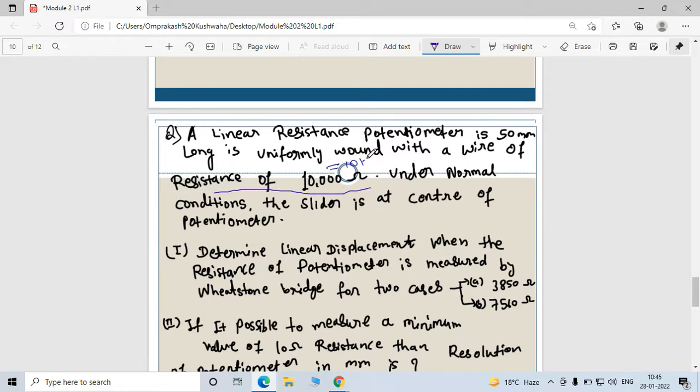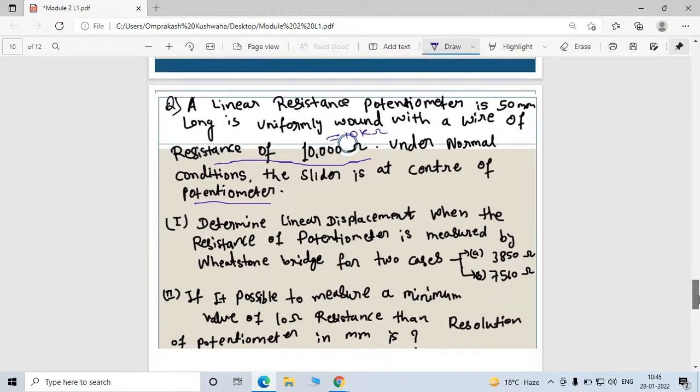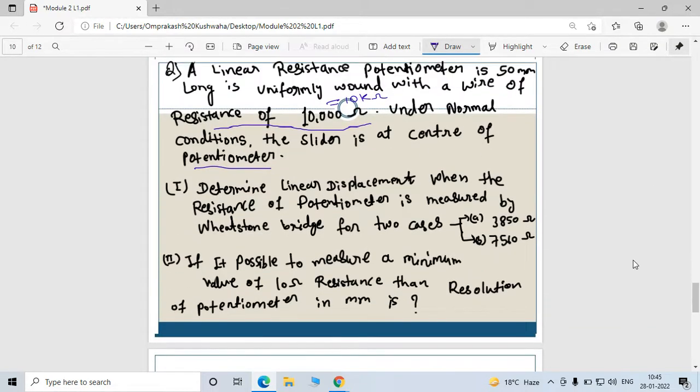Under the normal condition, the sliding contact is at the center of the potentiometer. Then determine the linear displacement when the resistance of the potentiometer is measured by Wheatstone bridge for the two cases.